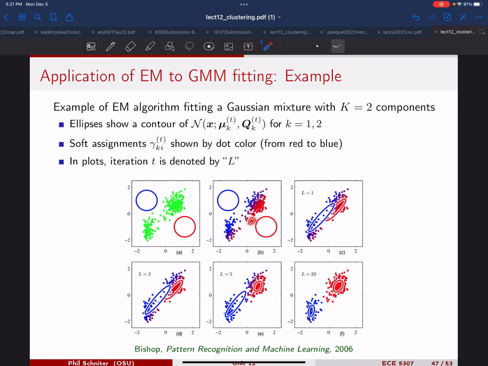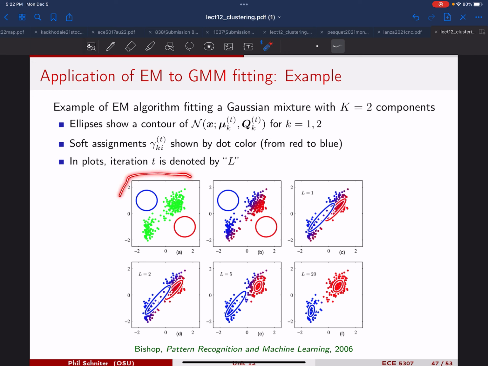A red dot corresponds more to this one. And a purple dot would mean that it's somewhere in between. So we have a range of colors from red to pure blue that show our soft assignments. And also, I took this from a textbook that used l for iteration, not t.